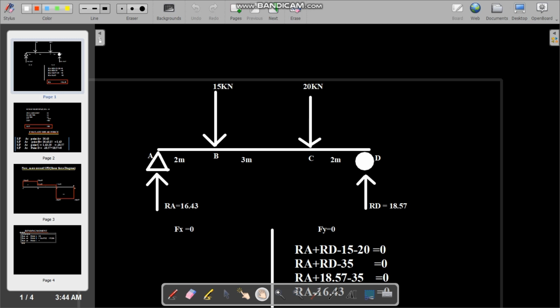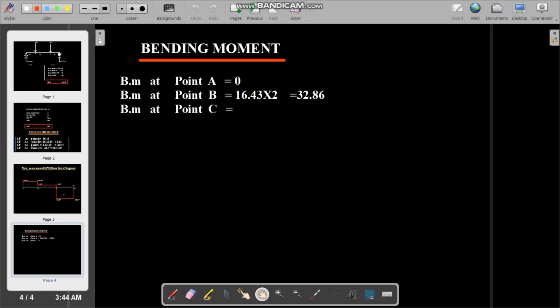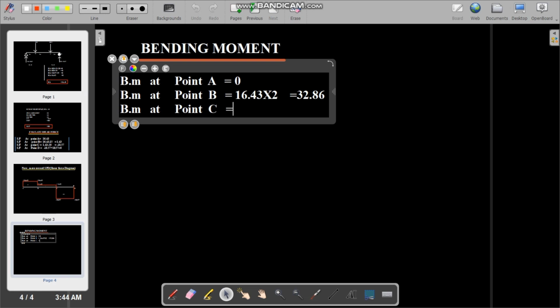So we are moving toward C. We have to calculate the moment from A towards C. So 16.43, RA value, multiplied by the distance from A to C, that is 5.